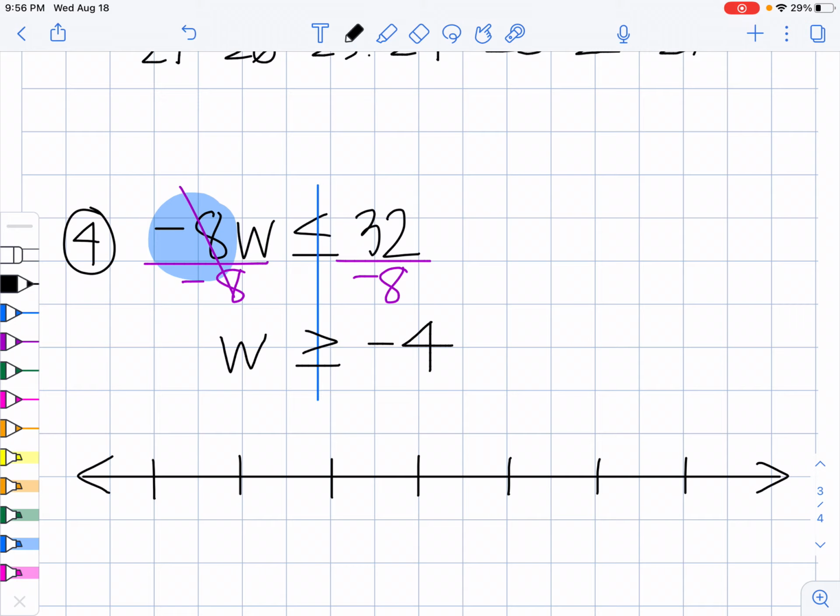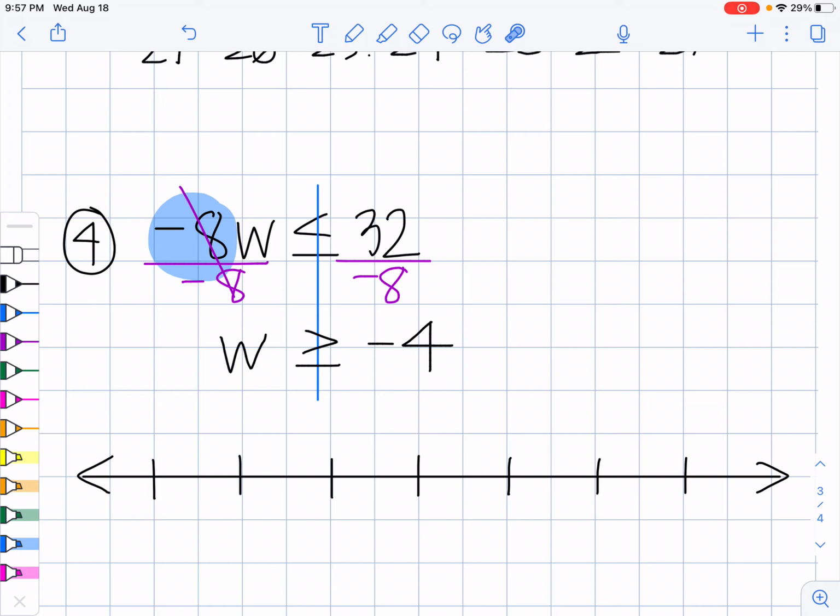So I divided by a negative number. This means because I divided by negative 8, I'm flipping my inequality. And by flipping it, it just means I reverse the way that it goes, and I keep it. If it's an equal to underneath, then the equal to stays. It doesn't change, the equal to won't go away. It just flips the direction.